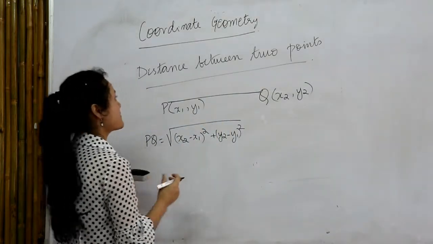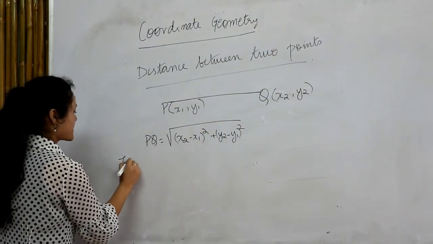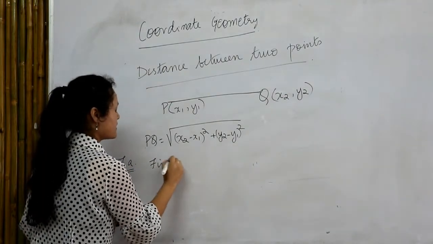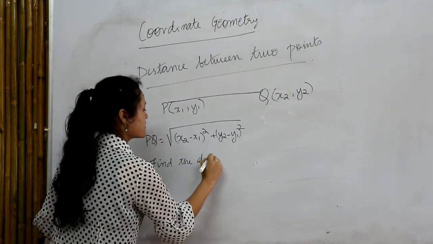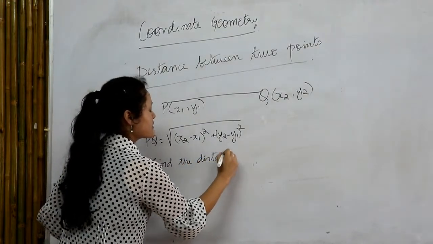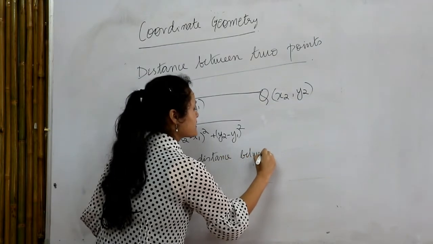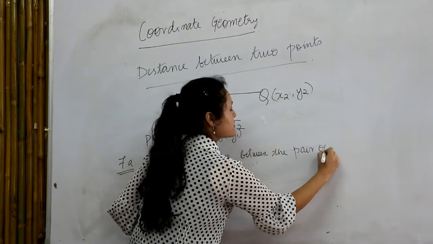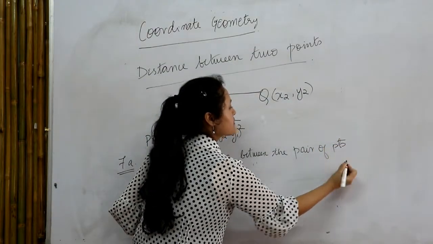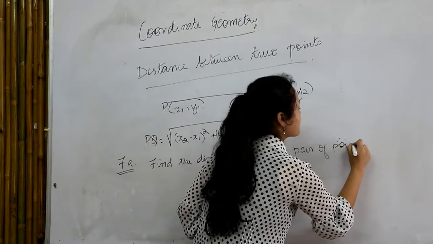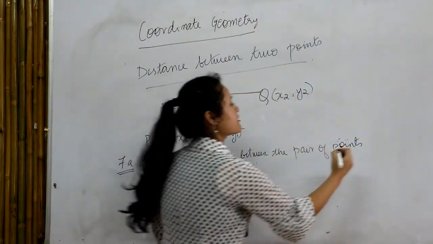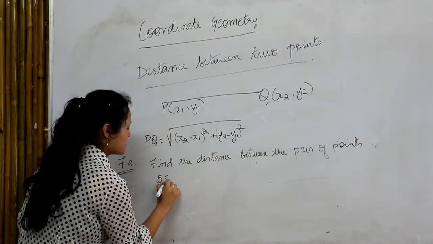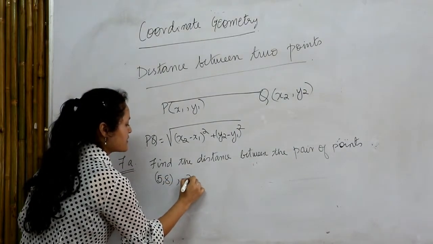Okay. So let me solve some questions from exercise 7a. We have to find the distance between the pair of points (5, 8) and (-3, 2).